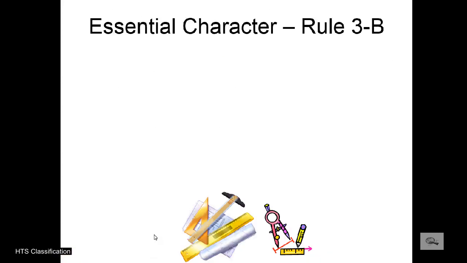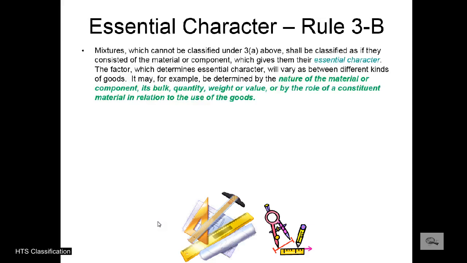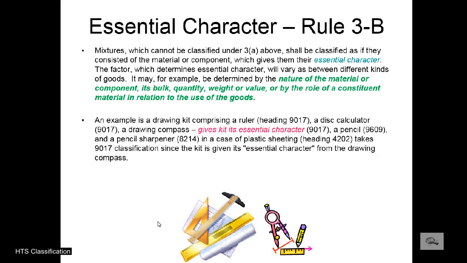If Rule 3A doesn't apply, move on to the concept of essential character, which is described in Rule 3B. Essential character is determined by the nature of the material or component, its bulk, quantity, weight, or value, or by the role of a constituent material in relation to the use of the goods.